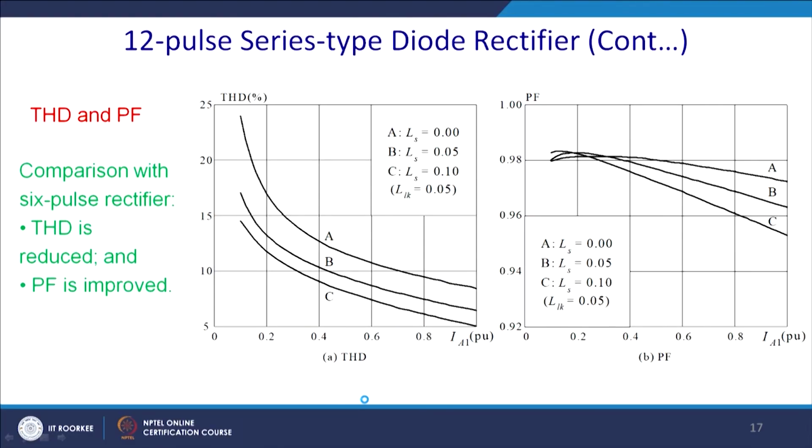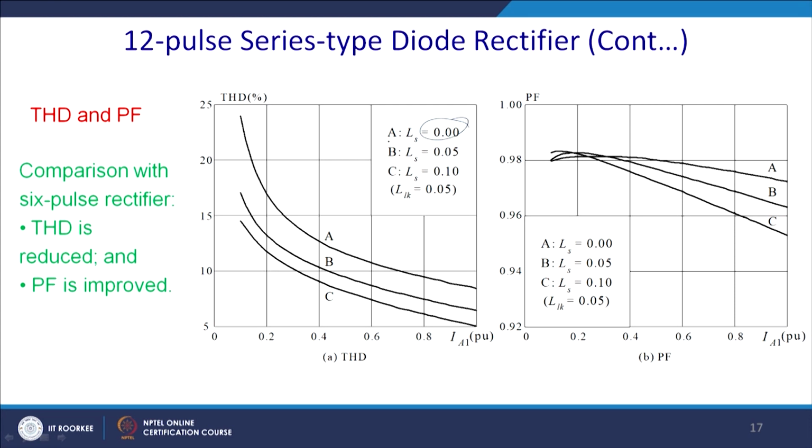With a typical design, you can have a 15 degree phase shift for the 24 pulse converter, and also you can go for the 48 pulse converter. Let us see the changes in the THD with loading.